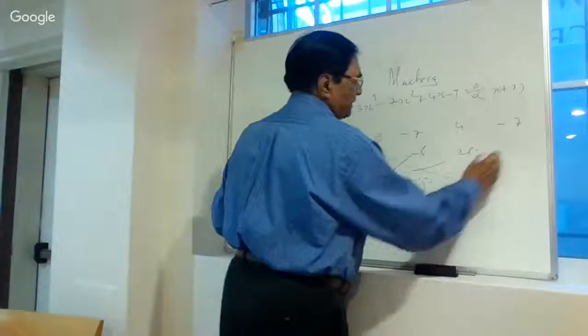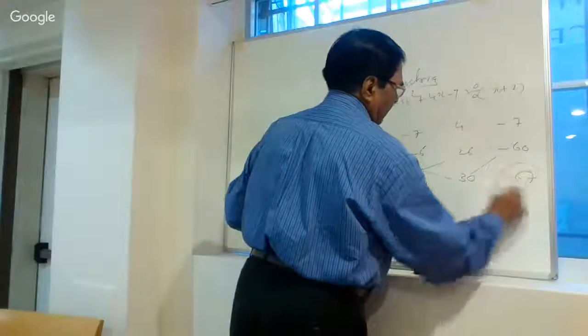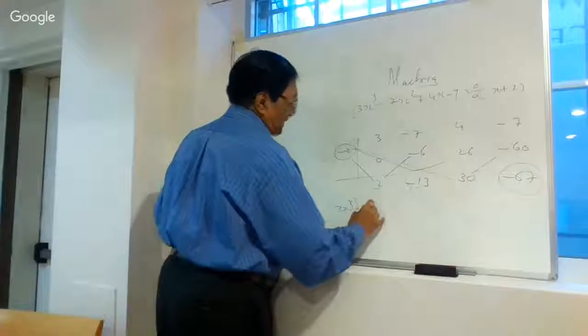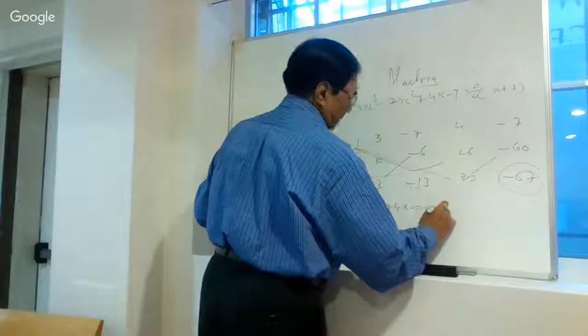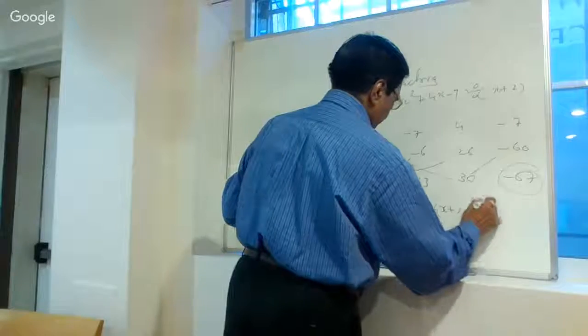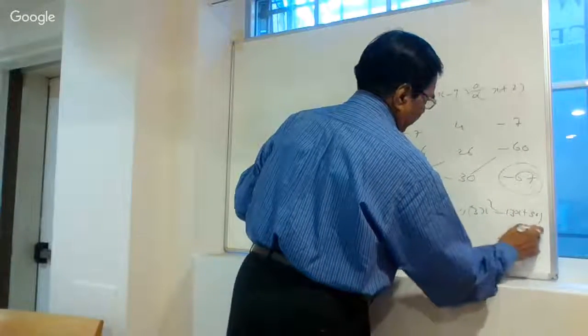And this will be minus 60, minus 67. And so you can say 3x cubed minus 7x squared plus 4x minus 7 is x plus 2 into 3x squared minus 13x plus 30, minus 67.